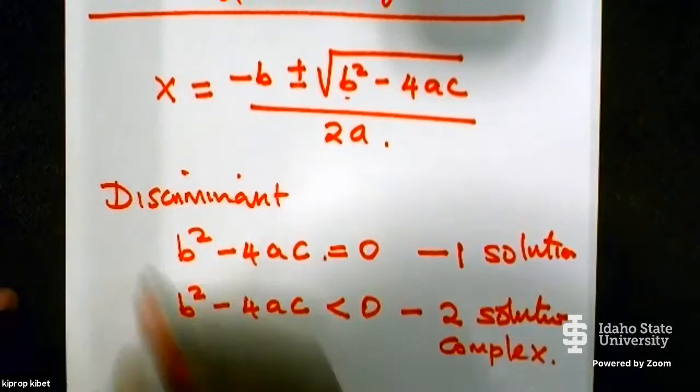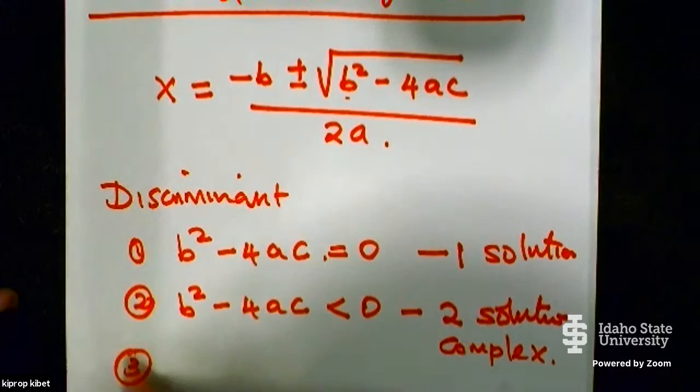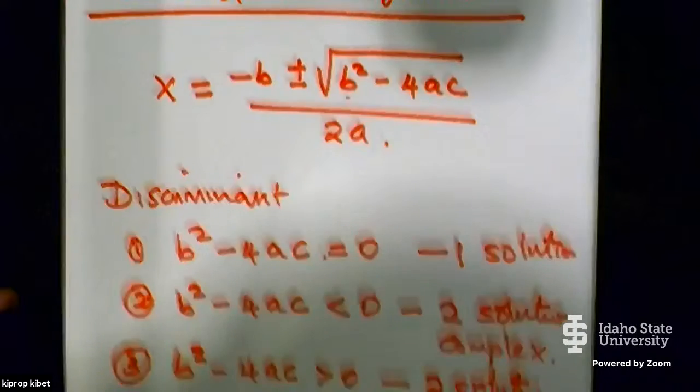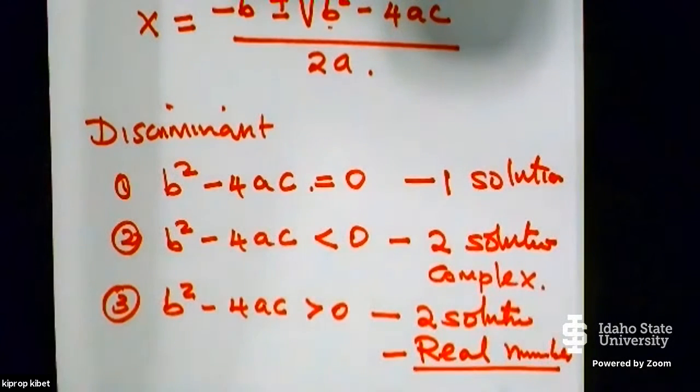Lastly, if b squared minus 4ac is greater than 0, we have two solutions, and both of them are real numbers.